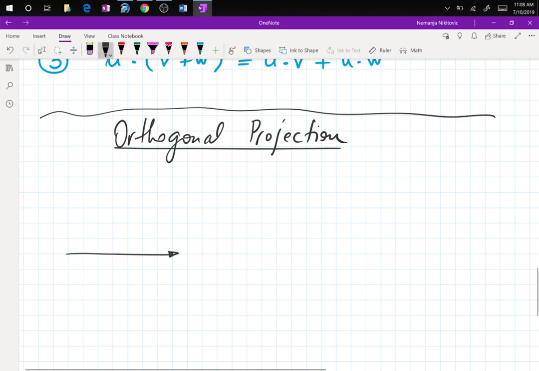So I'm going to have some vector u and then a vector v.